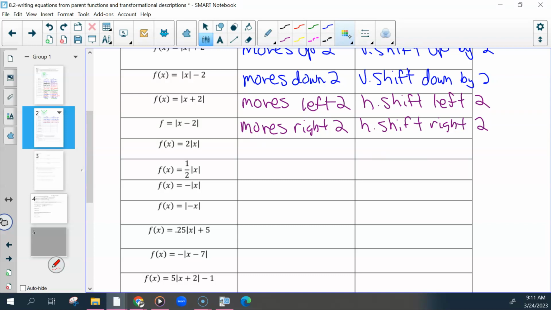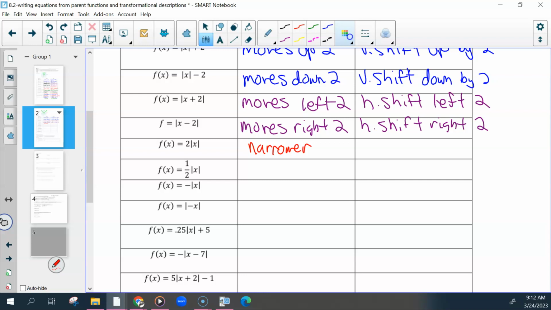The next one. You can either graph it or compare your notes from the previous page. Did it fit in your ruler? So if you got narrower, what would that rule be?